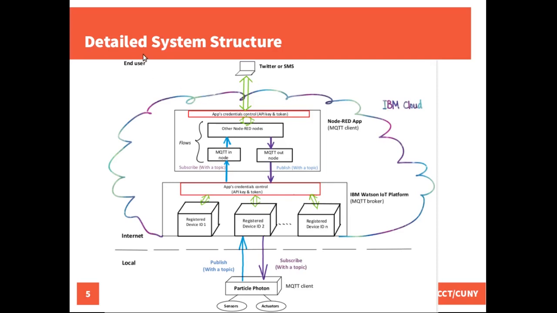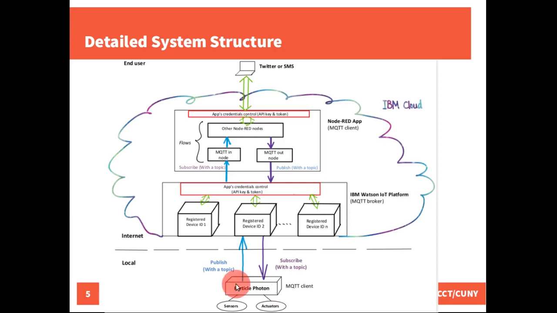In this slide, I have a detailed diagram to show the detailed system structure. In the local, the Particle Photon connects a sensor and an actuator like a DC servo motor that I'm going to use for the live demo. Of course, it can be some other types of actuators used for your own projects.